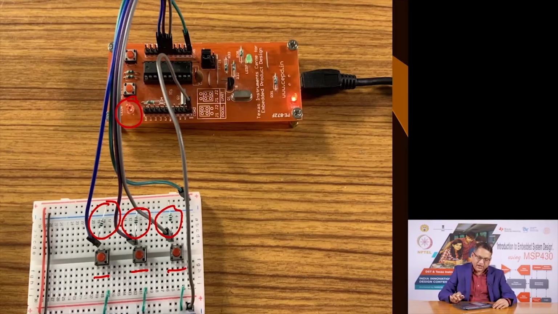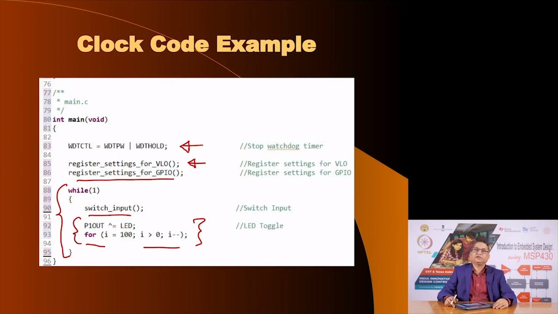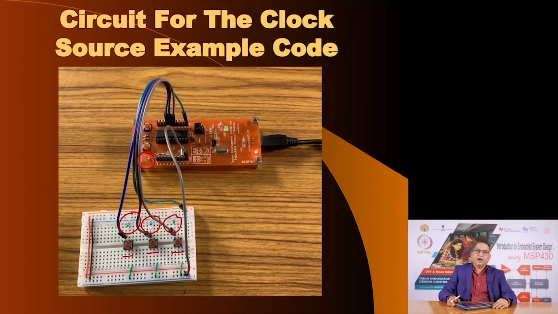So, I suggest that you download this code, rebuild it and upload it into the lunchbox, and see how the blinking rate of this LED changes as you press this or the other one. The rate is quite perceptibly different, and this is the proof that by pressing a switch the program can decide what can be the frequency of operation for the CPU, also what can be the frequency of operation of other peripherals.